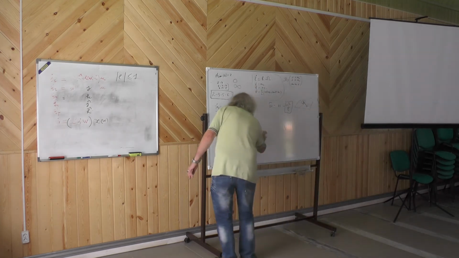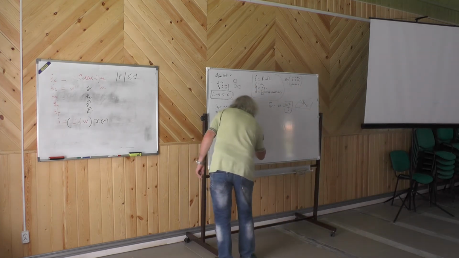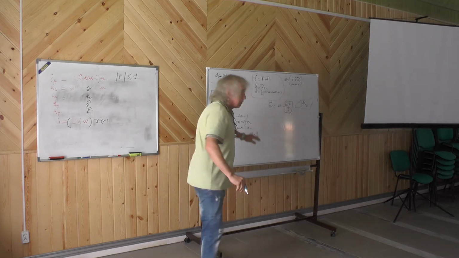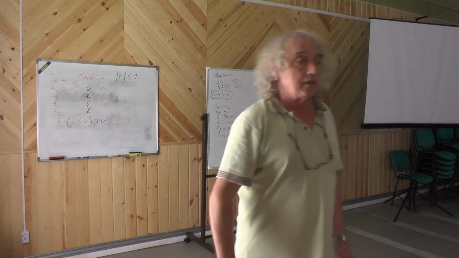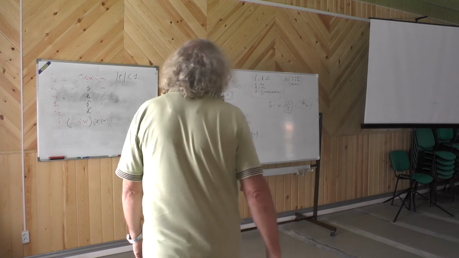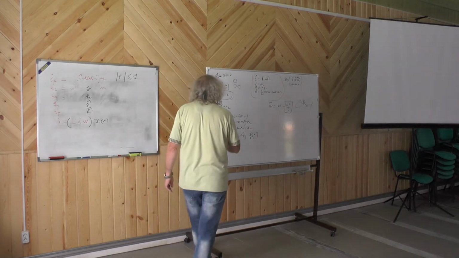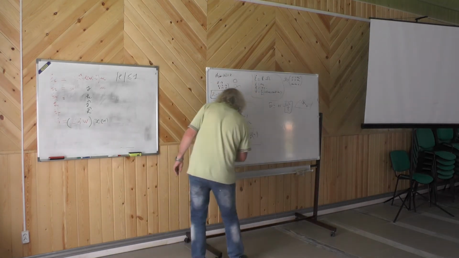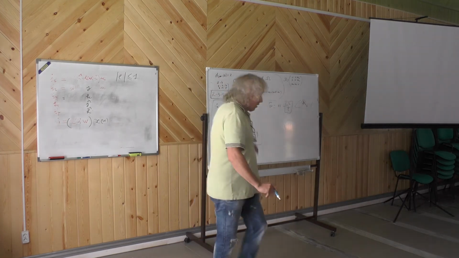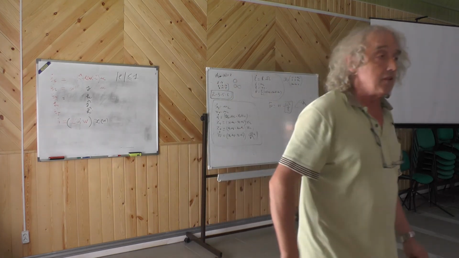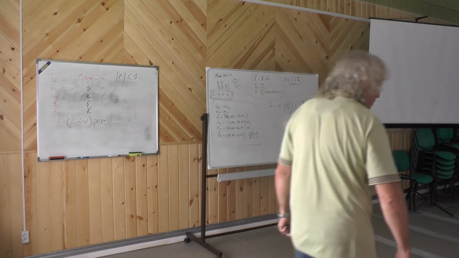Then here you just have a quadratic form. Okay, so normal form is like that. Now, what is invariant in this Q_W?